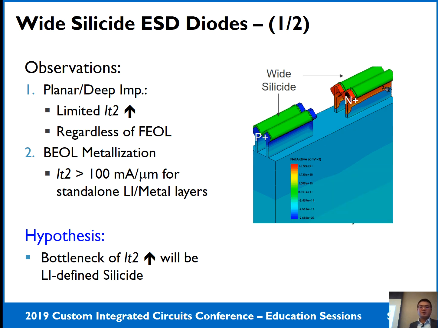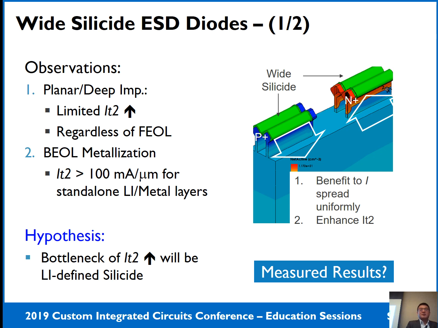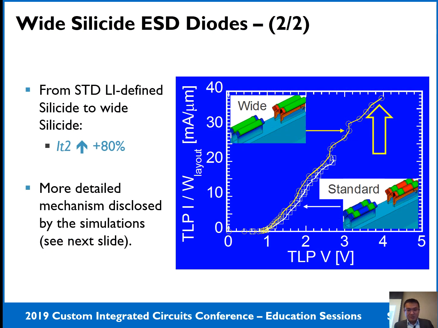With this proposed solution, wide silicide, it should help enhance the current uniformity along the fin length direction, so it should also be beneficial to IT2 enhancement. But what did the measurement result show? The measurement result showed that this time the IT2 indeed increases by around 80%, going from this standard local interconnect defined silicide to this wide silicide.